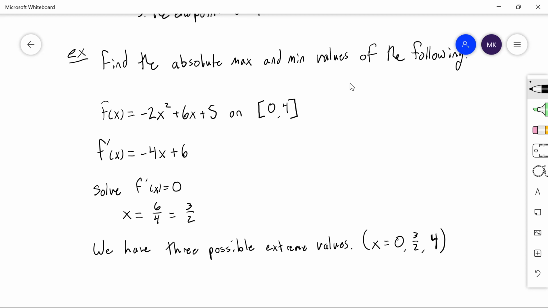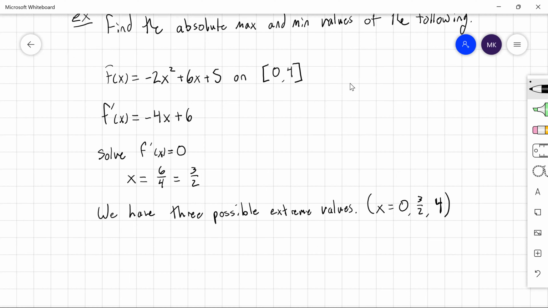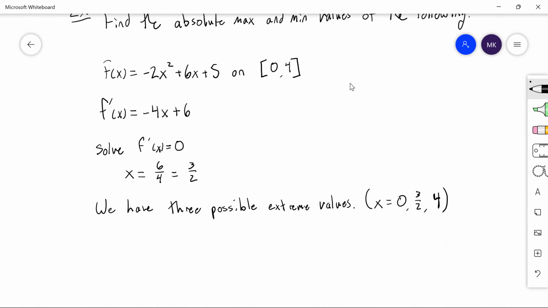And whatever it is will be our max and min. So we're just going to test f of 0, f of 3/2, and f of 4.